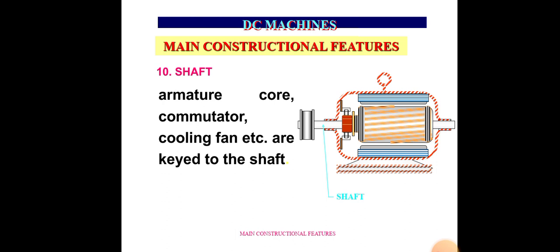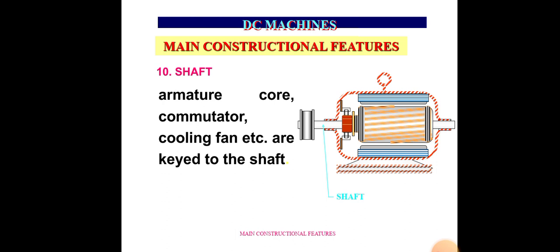If the field winding is energized by an external DC supply, with the help of a battery, it is a separately excited DC generator. Otherwise, if the field winding is energized with the help of residual magnetism, it is called a self-excited generator.